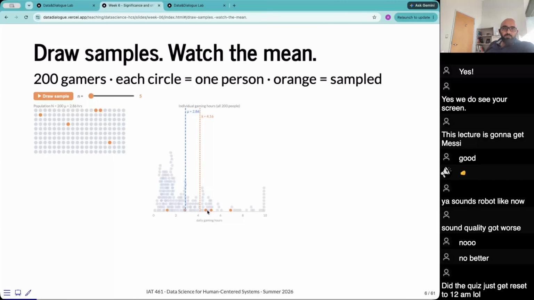It's a sample, but it's a small sample. We can keep picking different people from these 200, and as you can see, based on chance, this mean is being different. You see how this line moves? Because randomness exists, because we have a small sample size. Let's take it to 80.